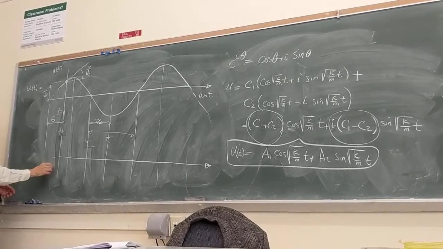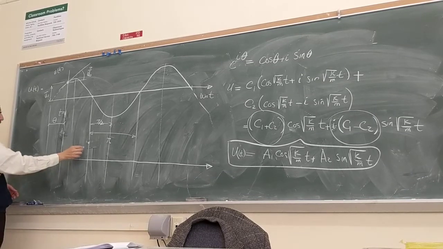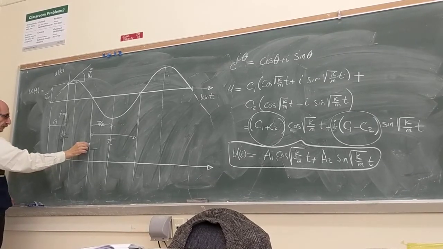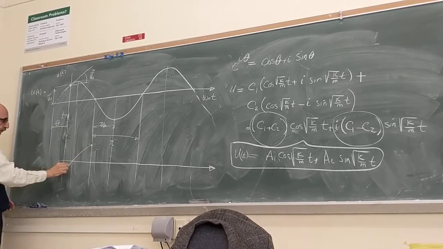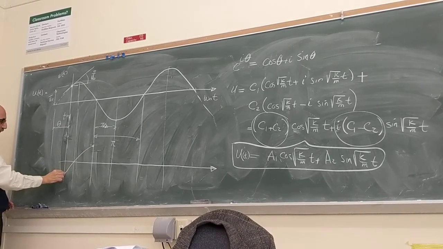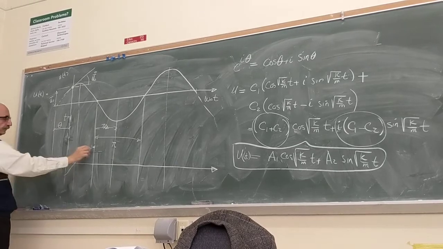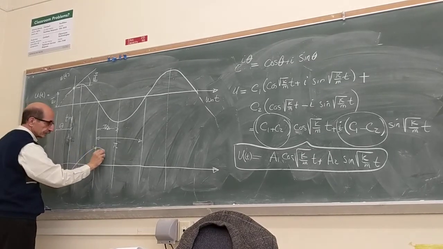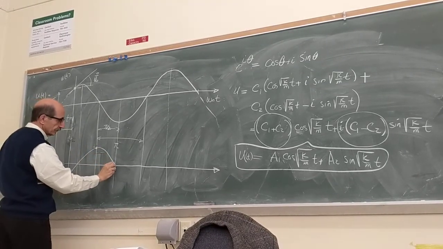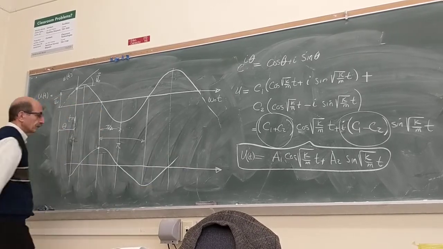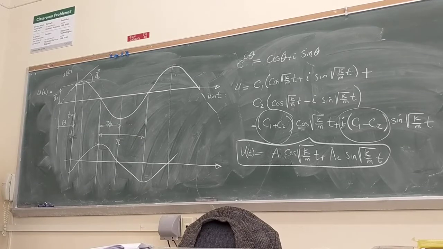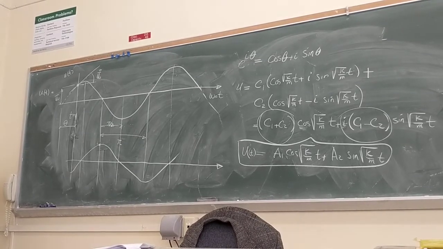So it would be something like this. Okay. It's just because when sine is 0, cosine is 1, and so on.